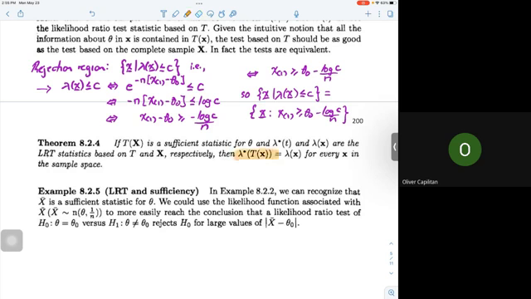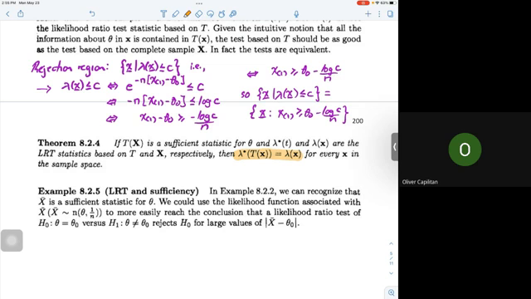The lambda star of t of x is equal to lambda of x for every x in our sample space. The proof of this is quite easy. It can easily be tracked. You can read the book for the proof of this theorem 8.2.4.